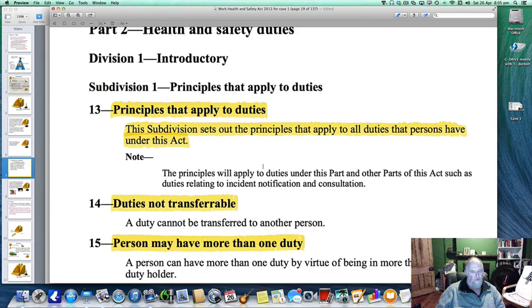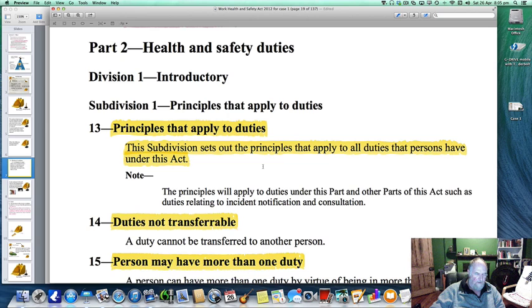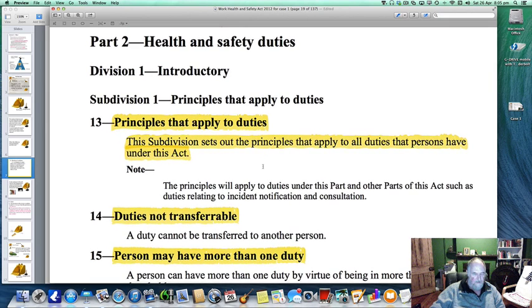Well, first of all, this subdivision, and there are parts, divisions and subdivisions, so this is part 2, division 1, subdivision 1, sets out the principles that apply to all duties that persons have under this Act.